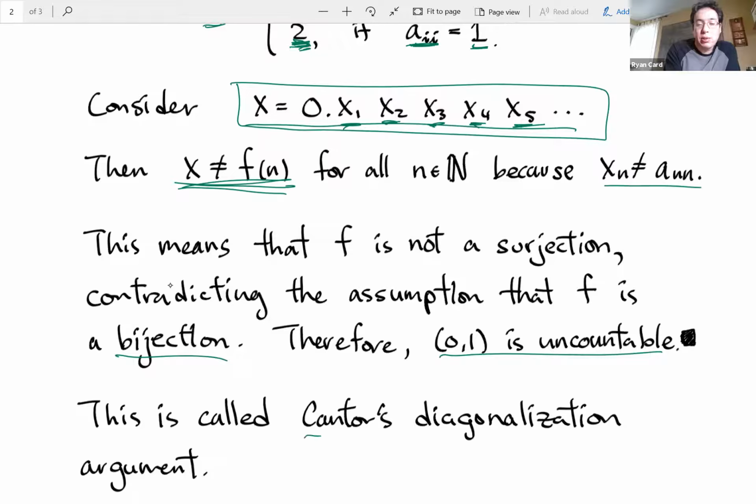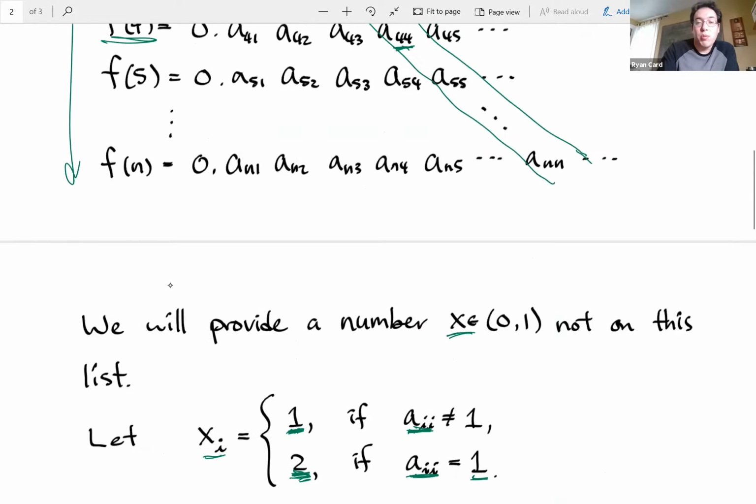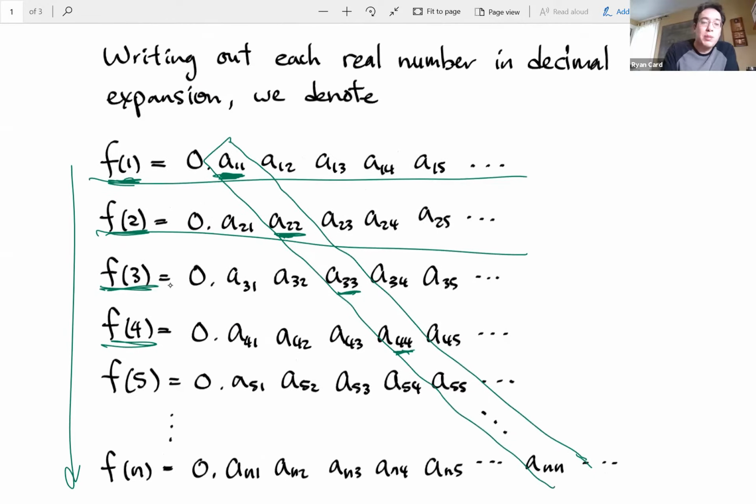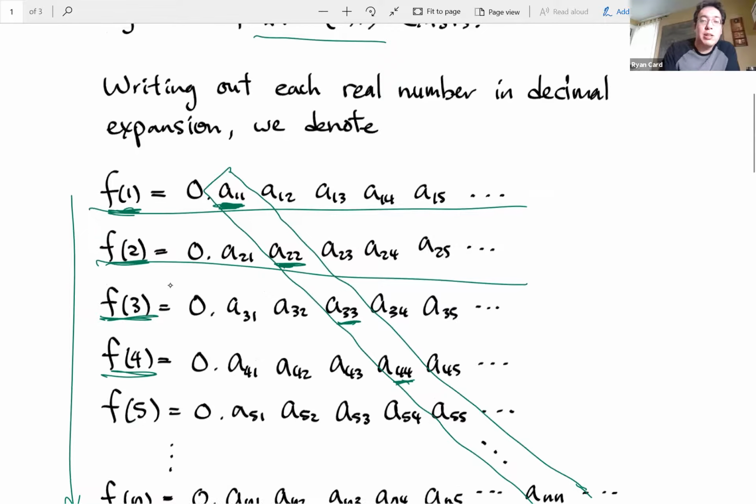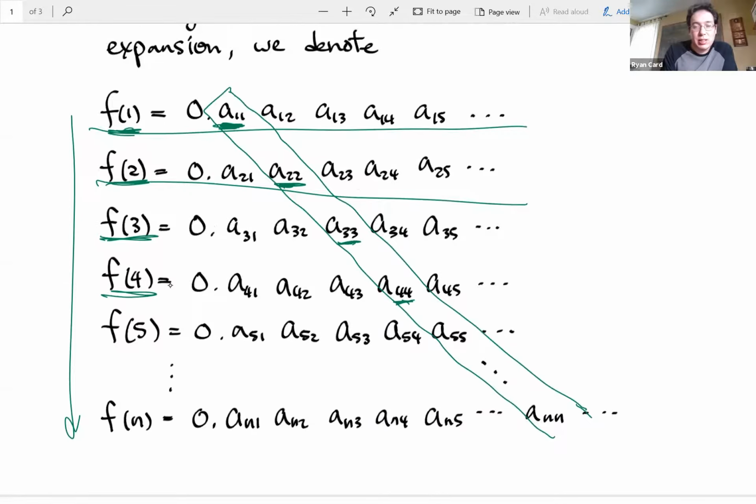This idea is called Cantor's diagonalization argument. It's so beautiful: you provide me a list of every single member and I'm going to give you something that does not agree with it. I think it's a really brilliant argument.